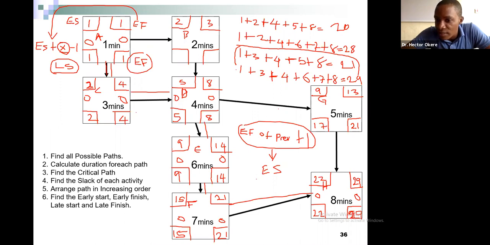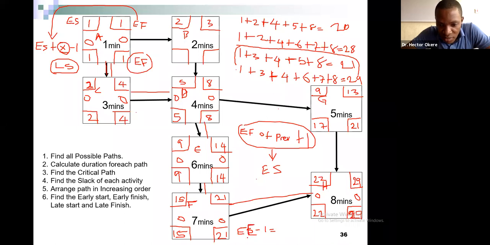So how do you calculate this? I'll give you the formula. It is the early start of previous, because we are going backwards, that is why it's previous, okay? Minus 1 is equal to the late finish. Because it's the same, that's why I put early start.